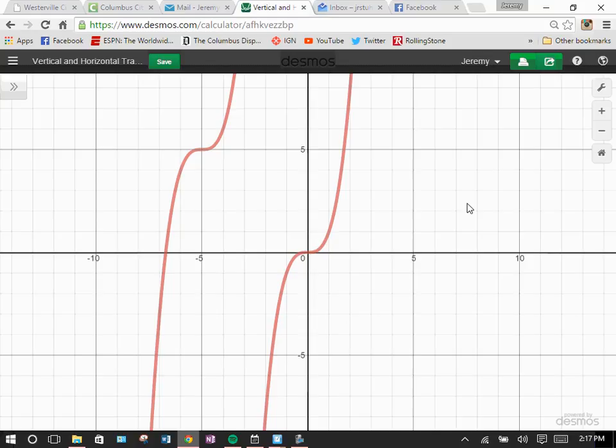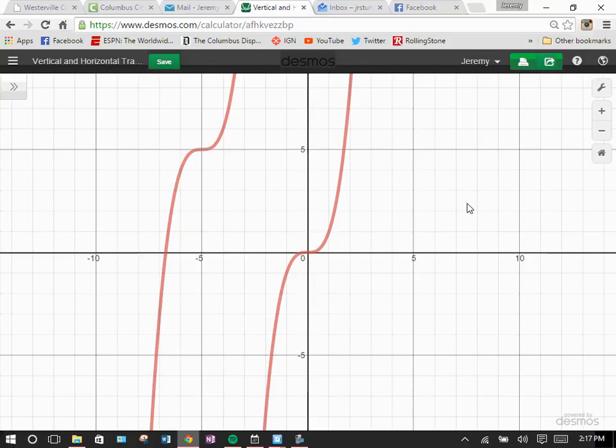So first of all, here's our parent function, right? How do we need to move this parent function to get it to right there? Negative 5 and 5, so h would equal negative 5, and k would equal 5.